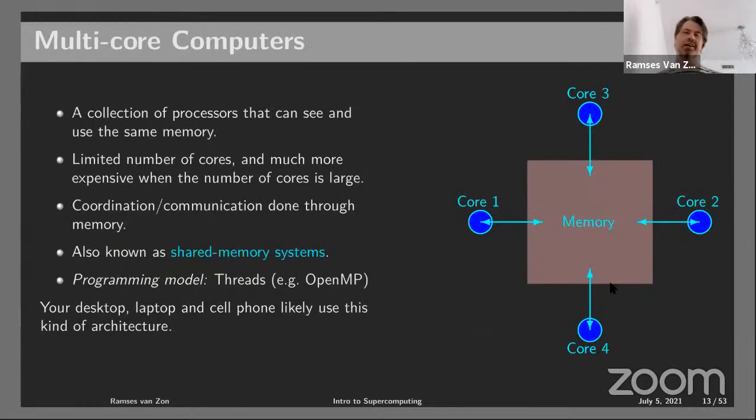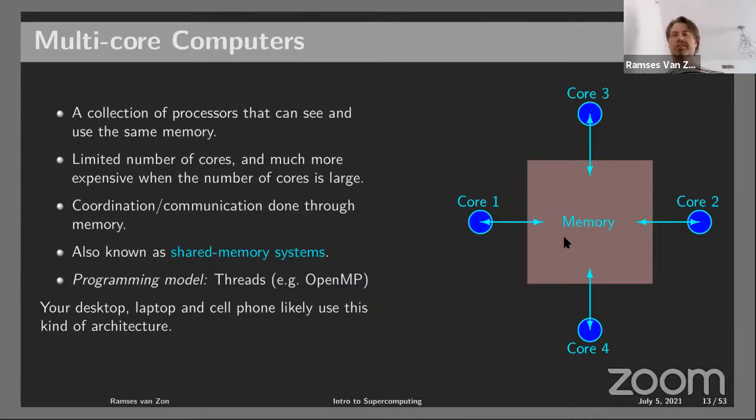Another way to make a better, faster computer is to basically glue all of this memory together and have one big blob of memory and different cores accessing that memory. That is how your typical multi-core computer works nowadays. So your laptop, if it has like 4 cores, this is kind of what it has. There's one big blob of memory, and all these cores can read and write to that memory.